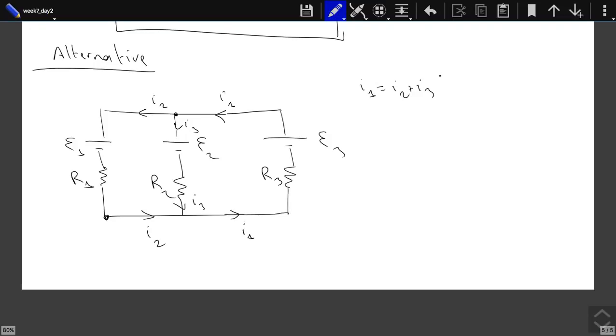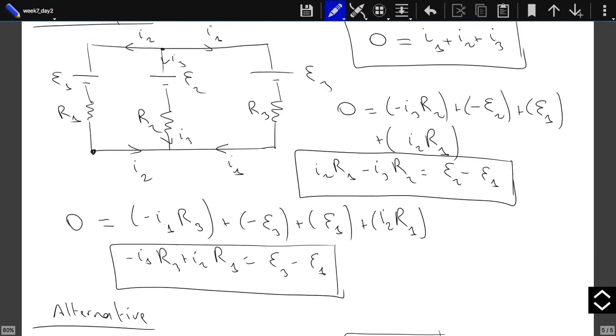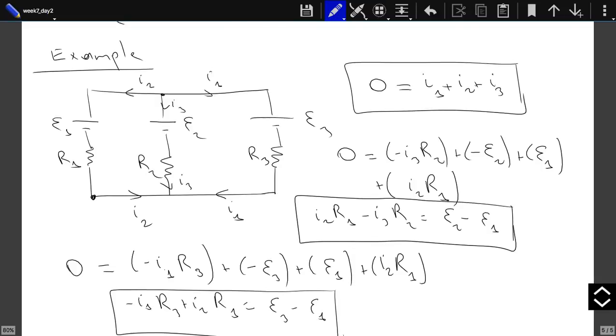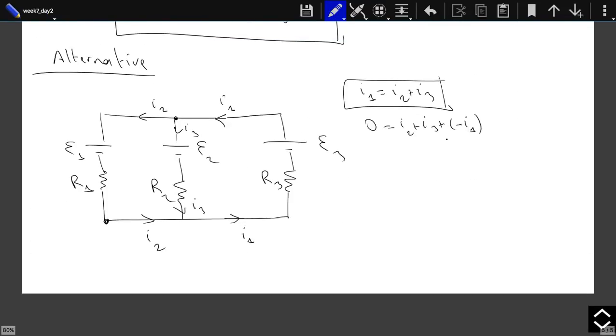So this is our first equation. We need 3 of them. Well, I can also write this as 0 is equal to I2 plus I3 minus I1. Now, if you compare it with the previous result, before it was I2 plus I3 plus I1. Now it is I2 plus I3 minus I1.